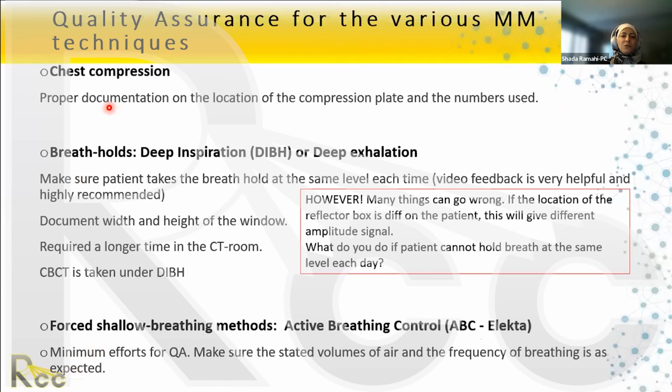Chest compression doesn't require much QA. Actually, there's no QA to it. The only thing that you need to always do, whatever device you have, from the CT SIM documentation, is document where the device is. So I'm compressing this part of the chest. Don't assume people will say, oh, well, midline, it's obviously midline.